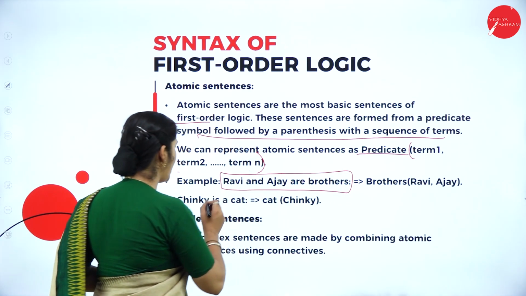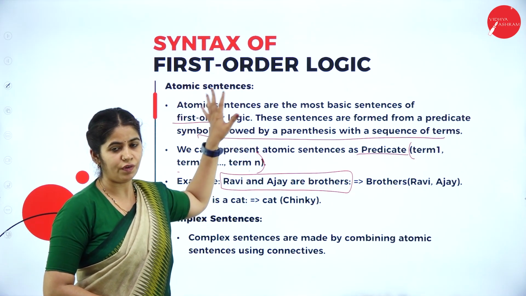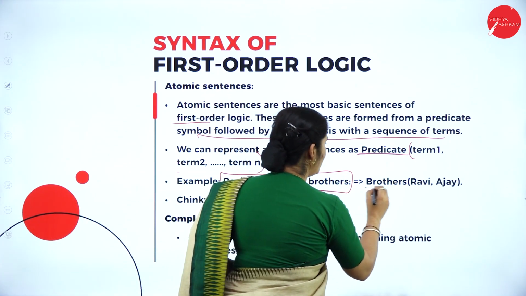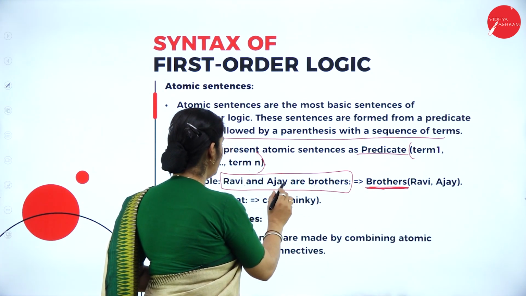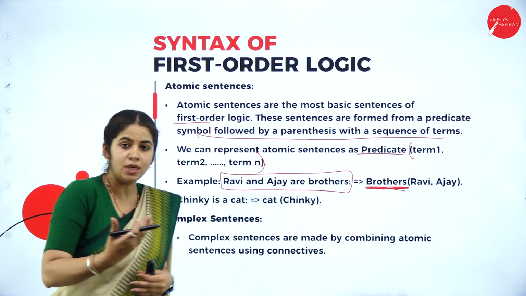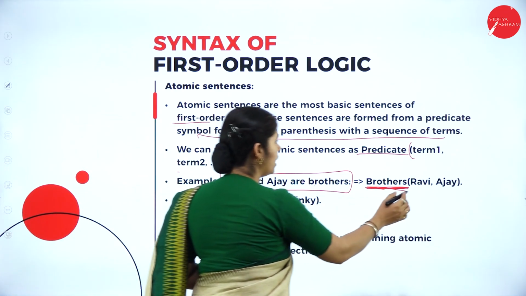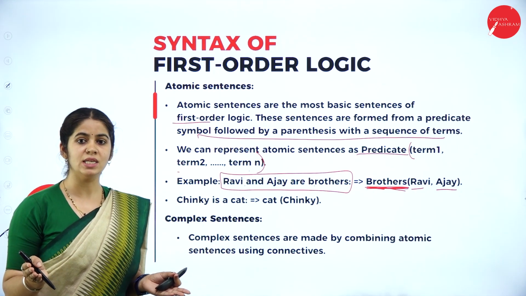This is a natural language representation. When we represent it as an atomic sentence of first order logic, what is the predicate? We have brothers. Ajay and Ravi are brothers, so brother is a predicate. The objects we are passing are Ravi and Ajay. We have to pass them within the parentheses as arguments.